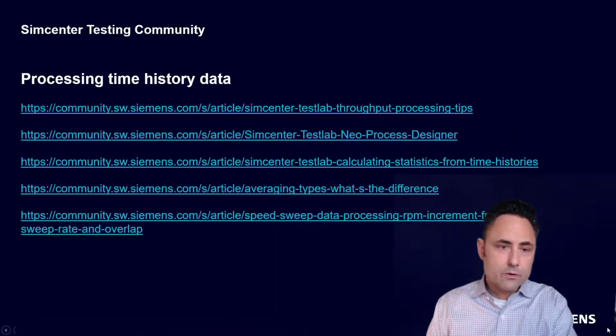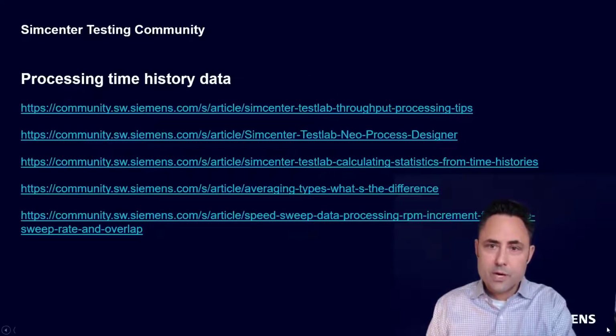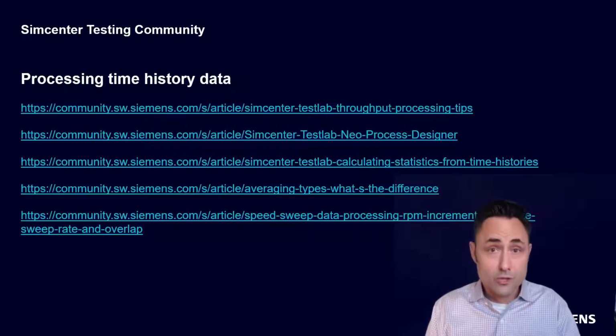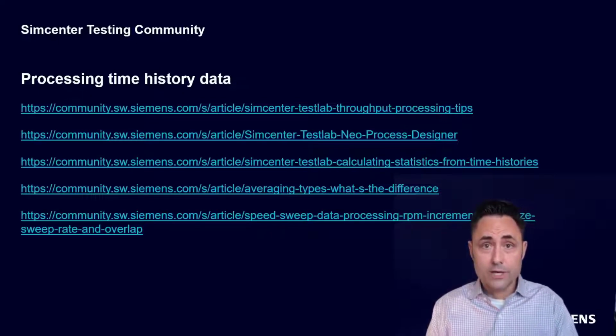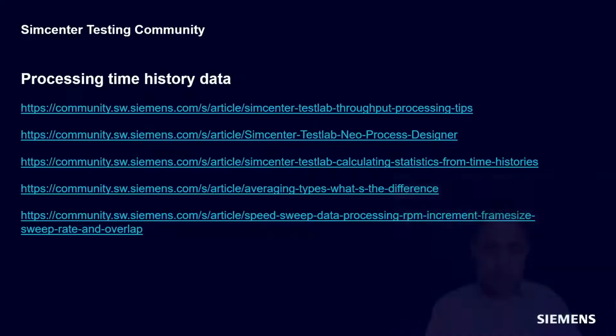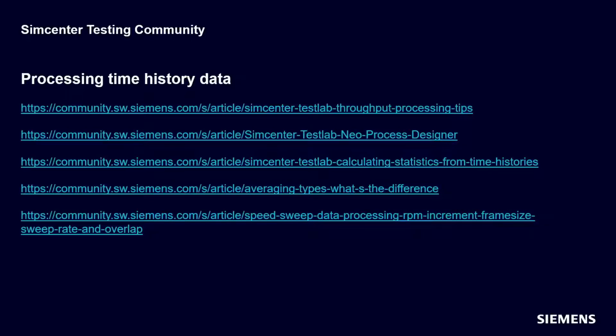Okay, so that's the end of the presentation, but I wanted to take a minute and just talk a little bit about some of the things we can do with the time histories we've acquired using some of these quick setups. These are just a couple links from the SimCenter testing community. If you're not familiar with it, this is an online user forum and knowledge base where we post all kinds of articles on any number of topics.